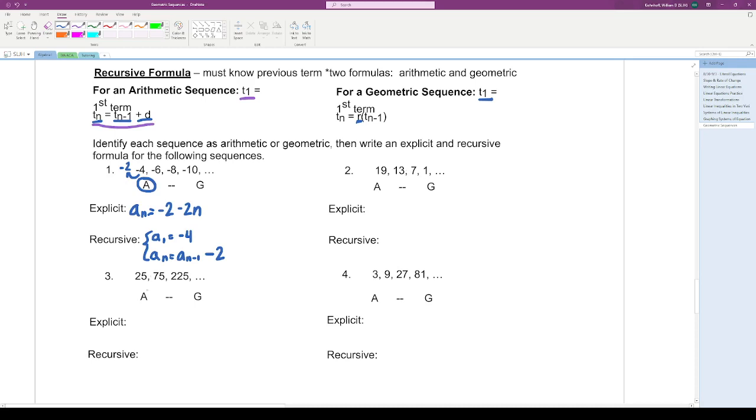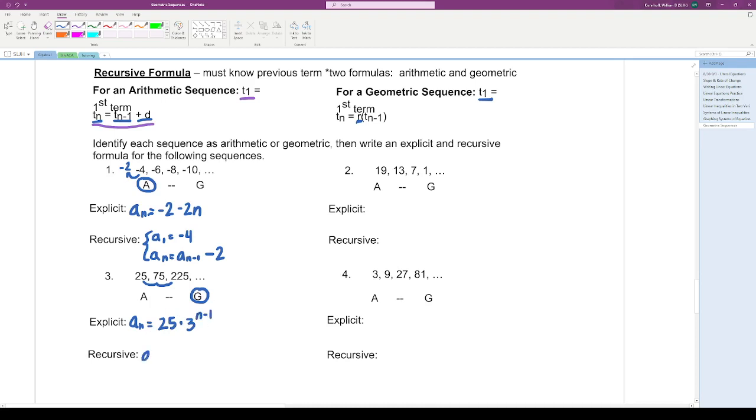Let's look at number 3. This one is geometric because we have times 3 times 3, so we're multiplying by 3 at each step. Our 0th term actually would be very ugly here because it would be 25 over 3. So let's write our explicit in terms of term number 1 and say an equals our first term, 25, times our common ratio, which is 3, to the n minus 1 power.